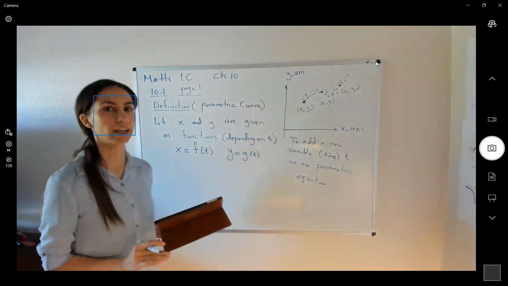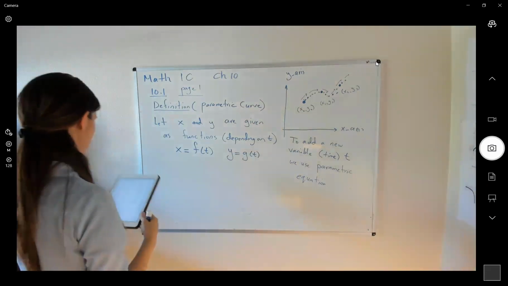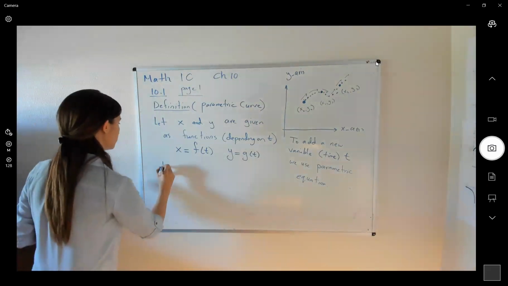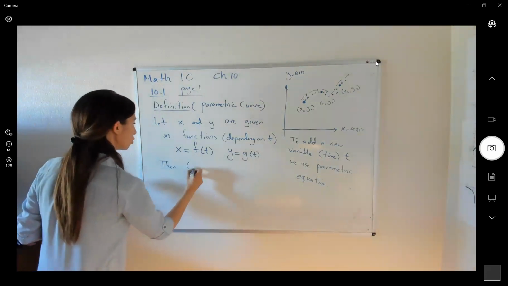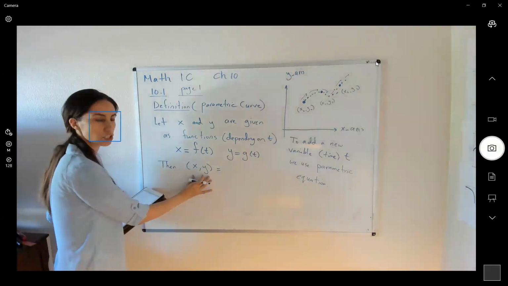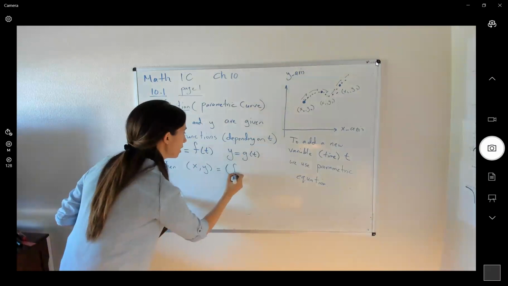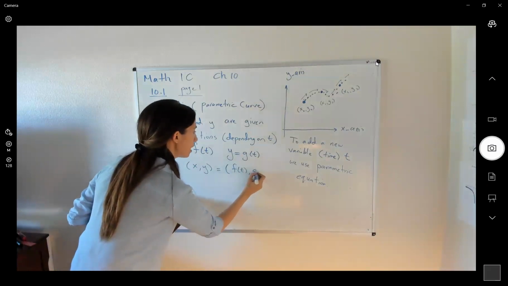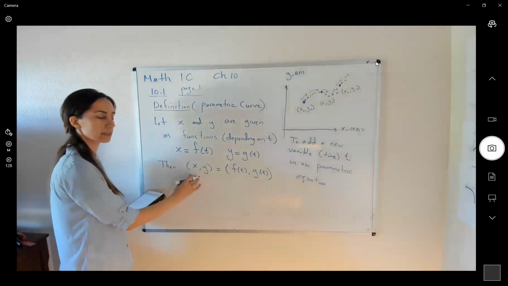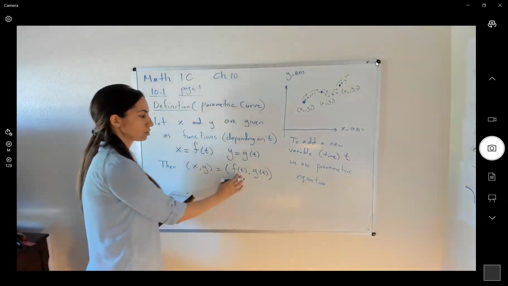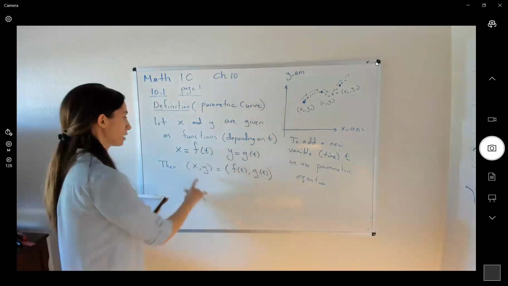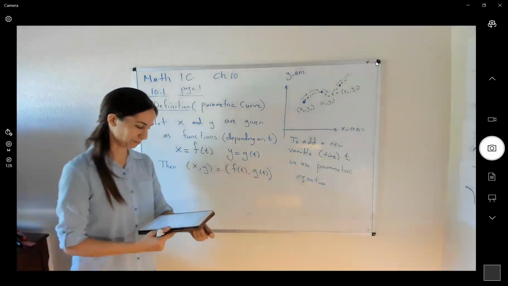We're going to go over one example so you feel more comfortable about this. Then x and y, as the position, can be defined as f of t and g of t. So instead of using x and y, we can use just variable t, this new variable that x and y are dependent on.